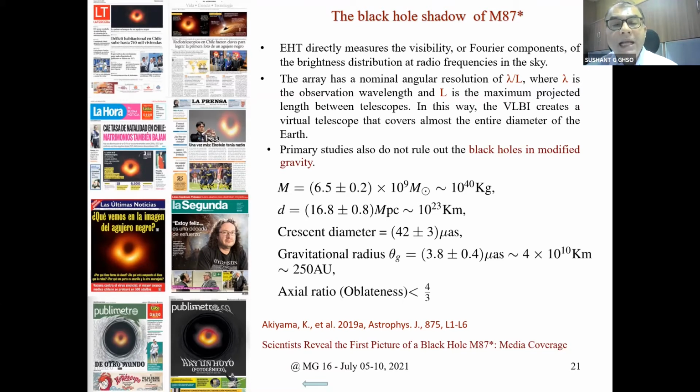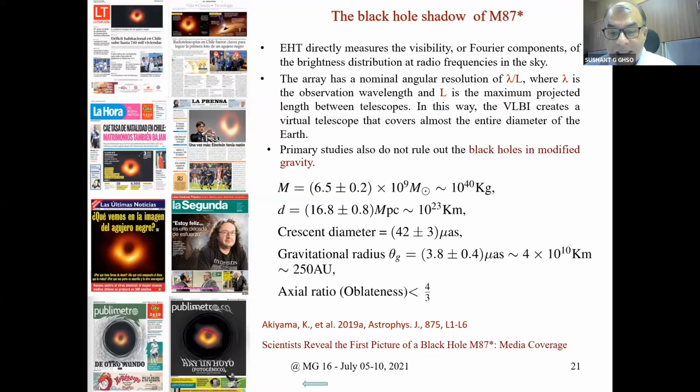The mass of the black hole is estimated at 6.5, which is slightly more than the earlier predicted result, and the crescent diameter is 42 plus minus 3 micro arc seconds, and the gravitational radius is this. The orientation of the black hole spin was also stated, but no value of the rotation parameter was given. The mass value, as I said, is somewhat higher than the previously stated value.